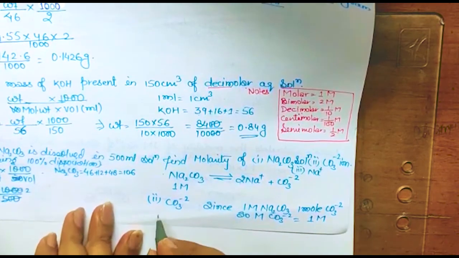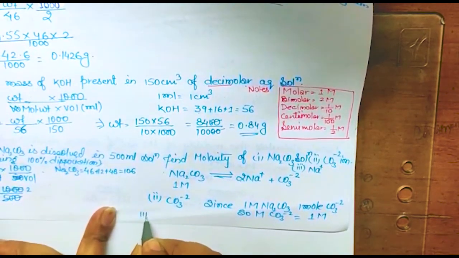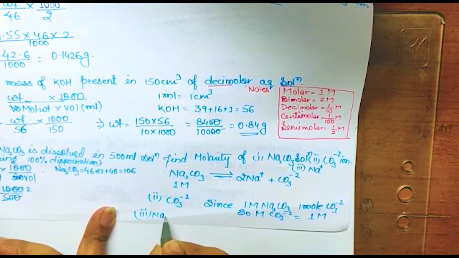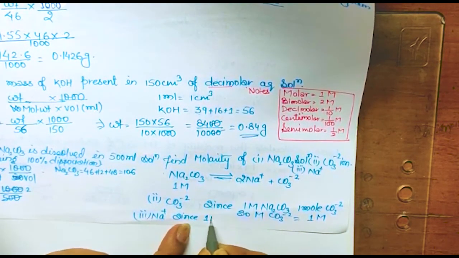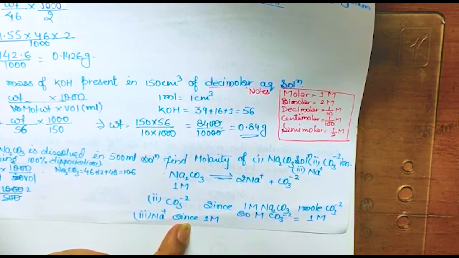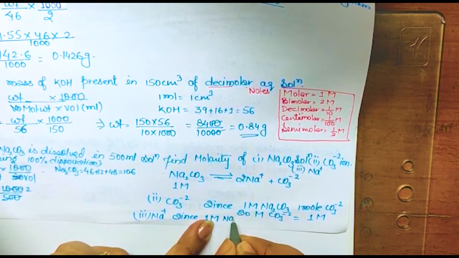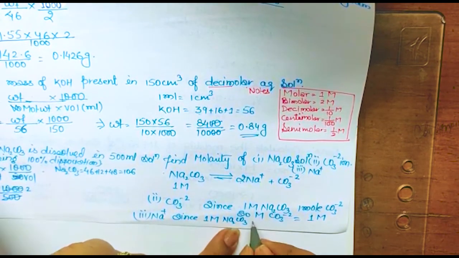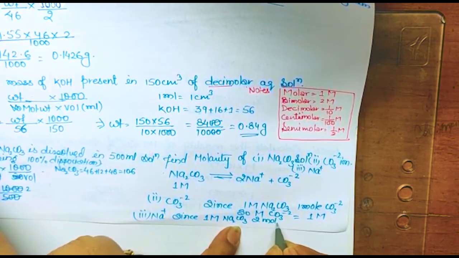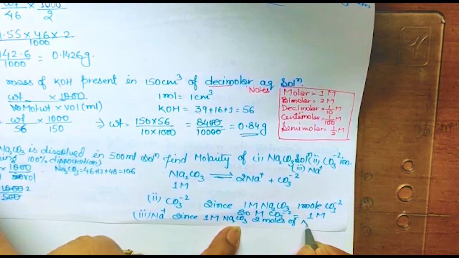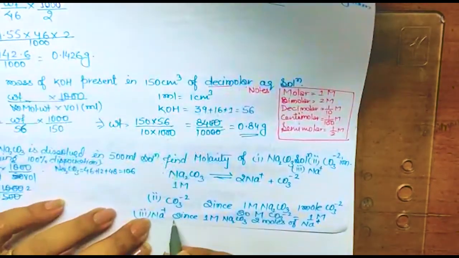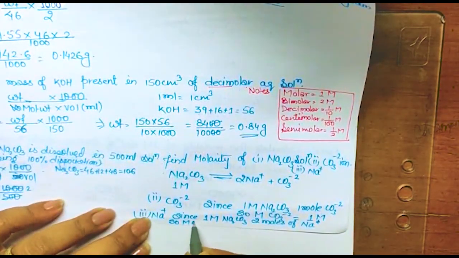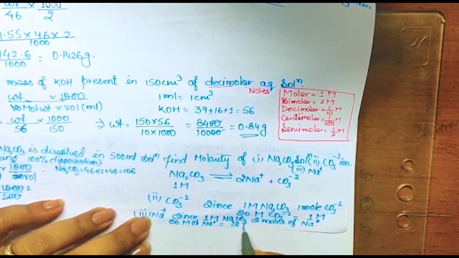Got it? Similarly, let's find the third part, that is Na plus. So what will you write? Since in 1 molar, that means mole per liter, Na2CO3 gives how many ions? 2 moles of Na plus. So the molarity of Na plus will be 2M.